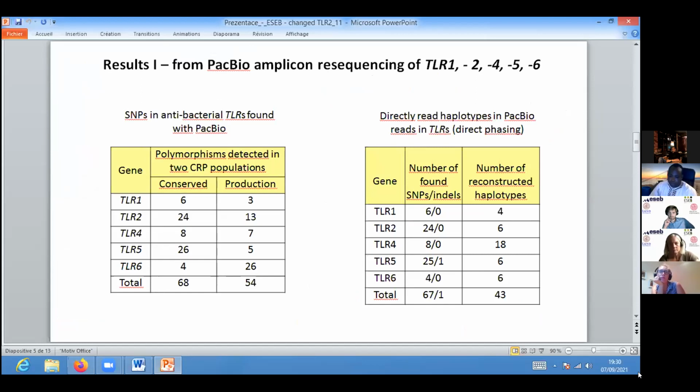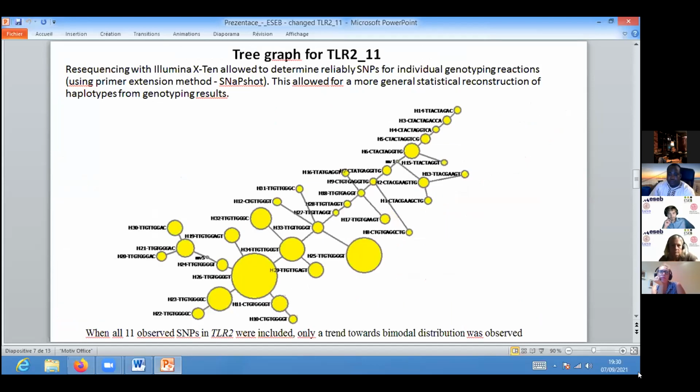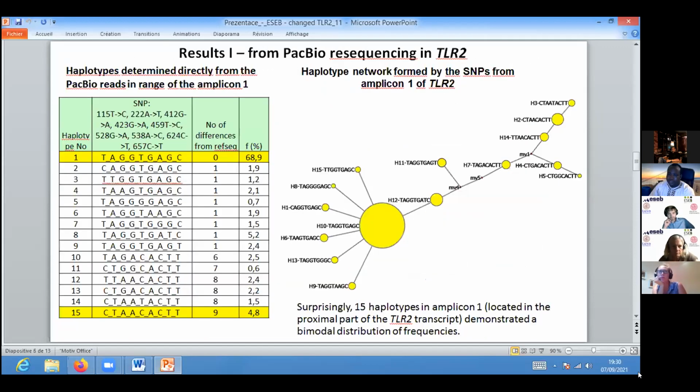In TLR2, the network graph for the reconstructed haplotype structure, which you can see here, was presented at the FANG conference at the beginning of this year.